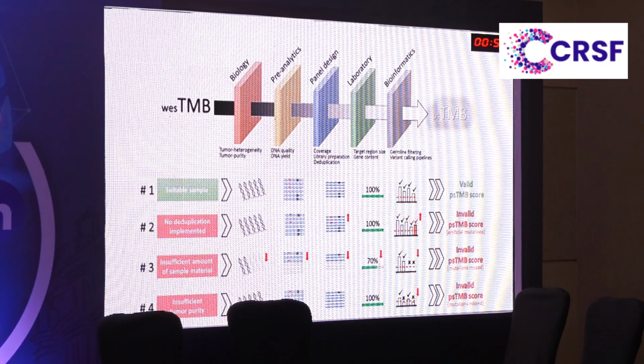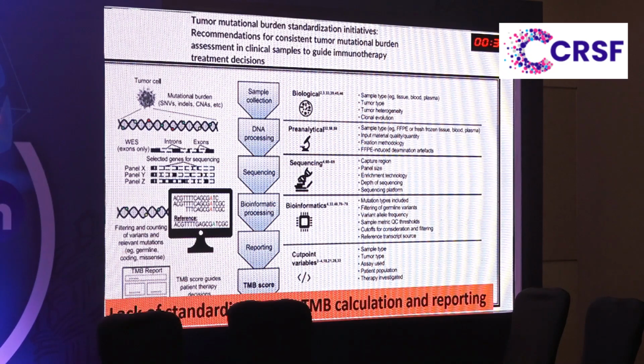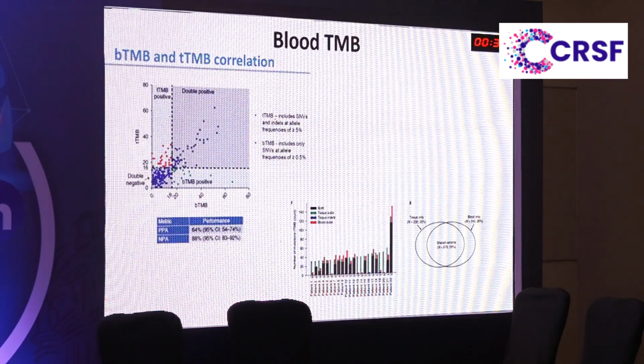So TMB, if you want to use it in clinical practice, is full of challenges, right from pre-analytic errors, and there are a lot of analytic issues also, in getting a precise TMB value. Many times you might see some reports, even coming from Foundation Medicine or good panels, with an uninterpretable TMB. So there is a need to standardize the TMB, similar to PDL1.